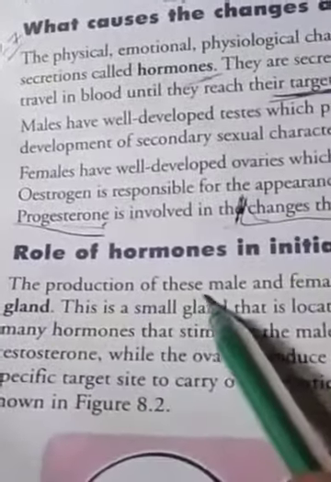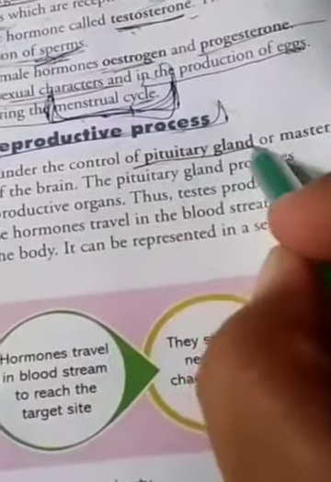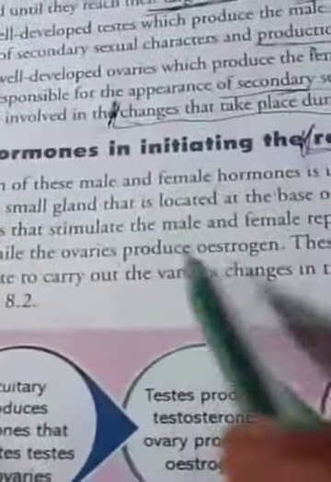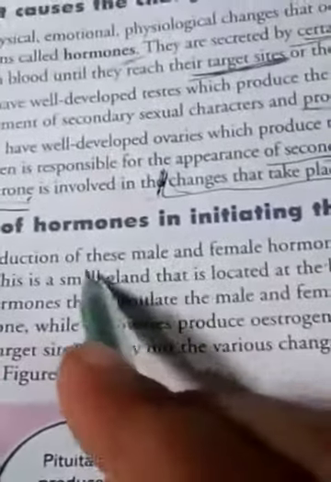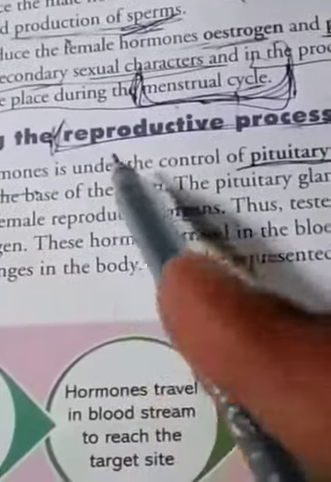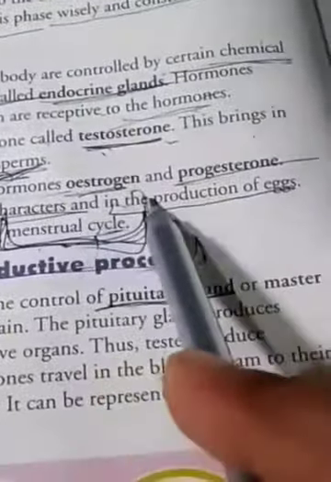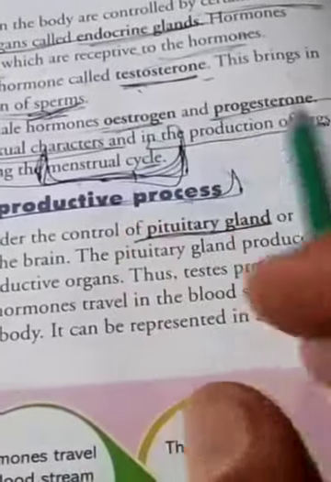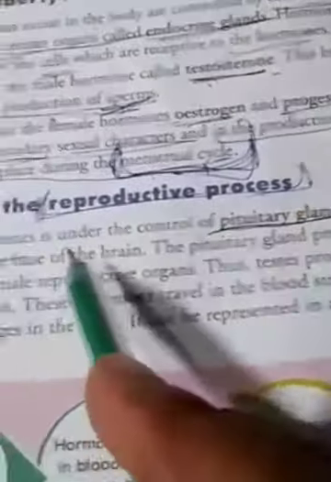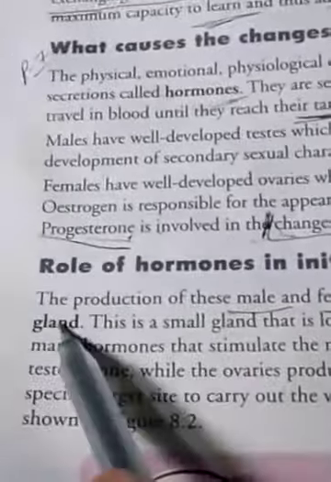Now the production of these male and female hormones is under the control of the pituitary gland. In the previous part you saw the male and female hormones: testosterone, and here I am showing you, estrogen and progesterone. These hormones are under the control of the pituitary gland, which is also called the master gland.